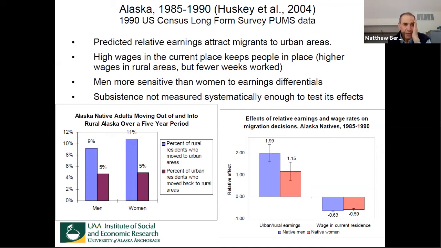That's a very large number, but half of them move back. And so the net migration to urban areas was relatively small. It was like 1% a year, about the same as the natural increase. So the populations are very stable in rural Alaska, while the urban native population grew.